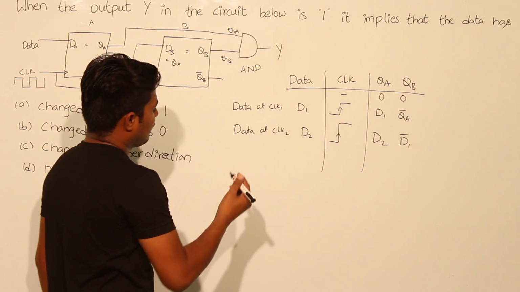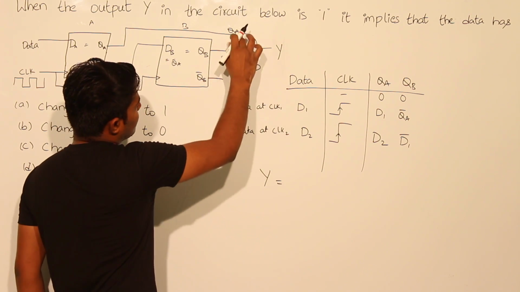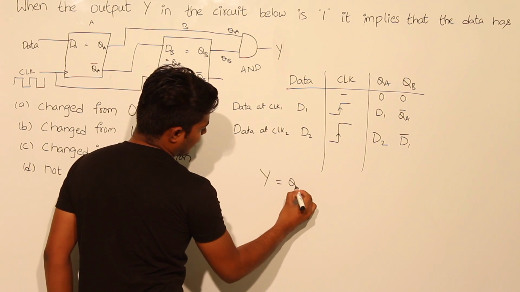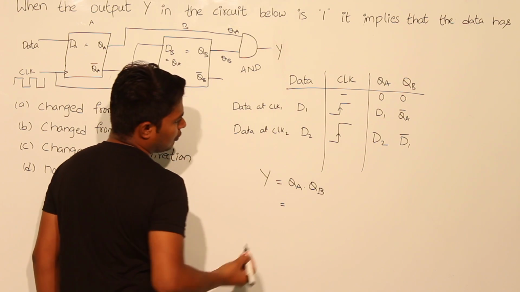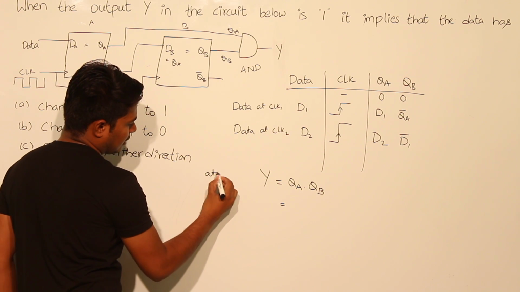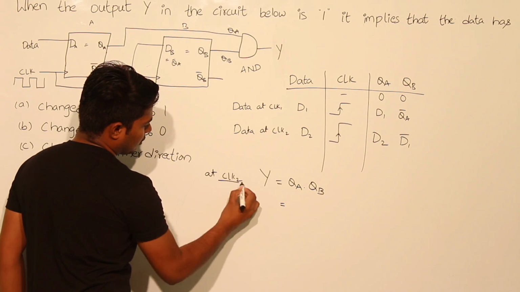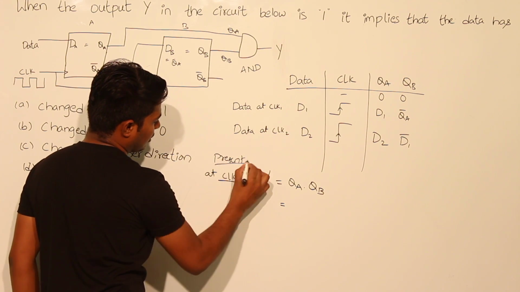So now for Y, the AND gate simply multiplies the inputs, QA into QB. The value of QA at the present state, we will see at clock 2, the present state, whenever we apply clock 2.